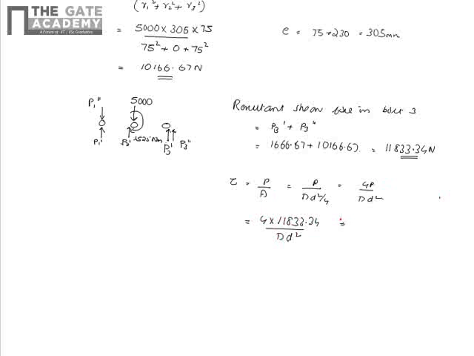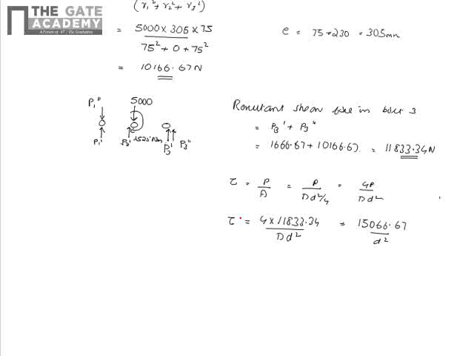This will be equal to 4 into 11833.34 divided by pi, so it will be 15066.67 by d square. Now we have got the maximum value of shear stress which my bolt can take.